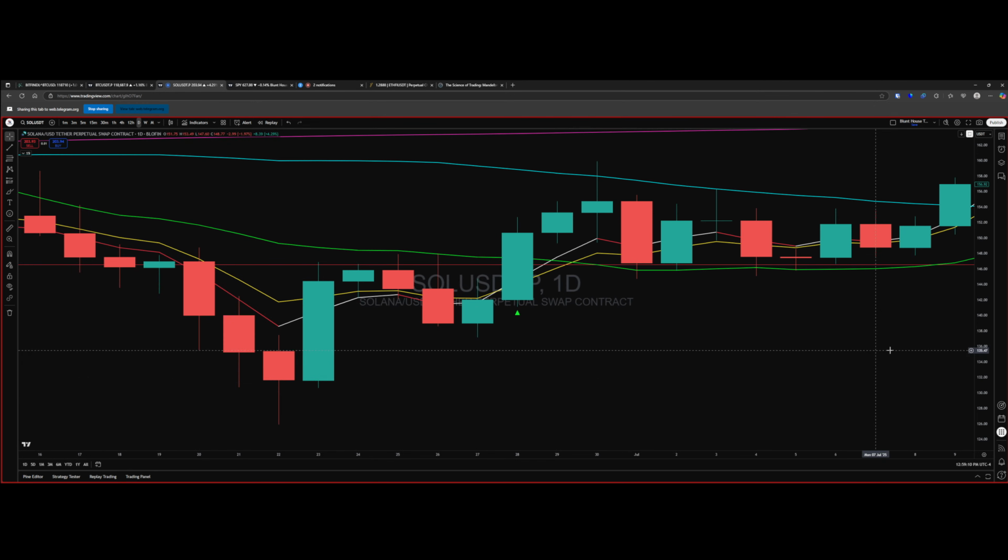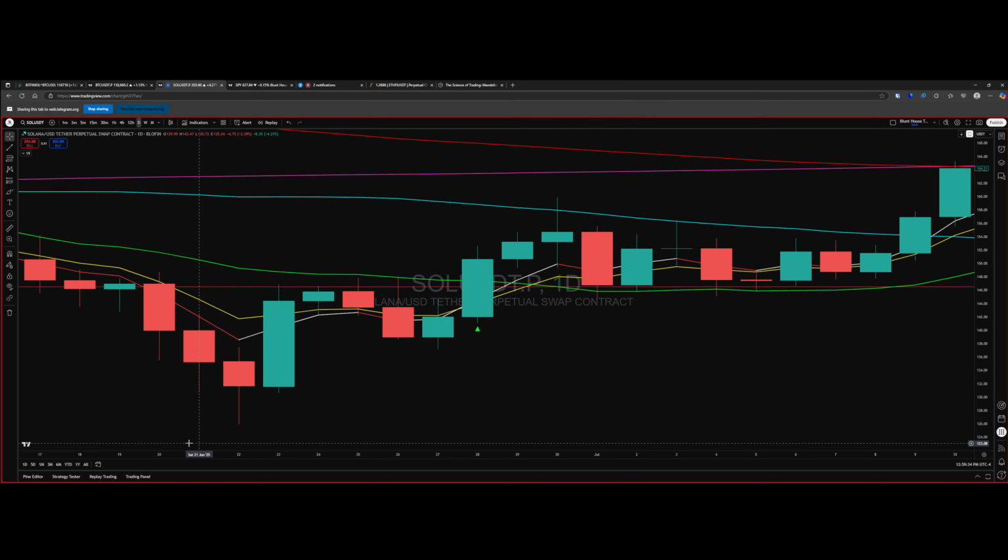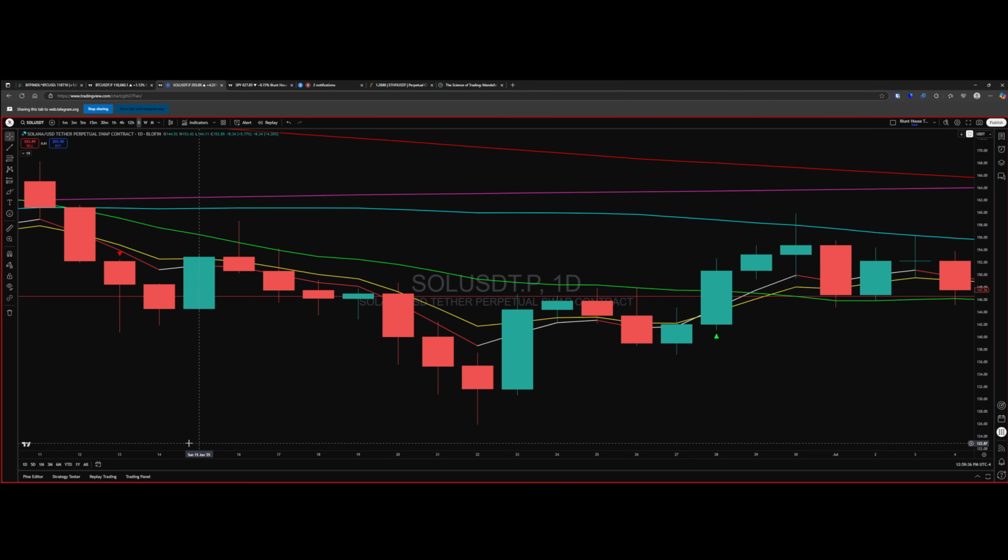Yeah, you closed below it a few times, but guess who's here to help? The 20 MA, getting support from the 20. The 5 MA and the T-line are still diverged. My resistance is absolutely clear, which you know is the 50. And eventually, you get what you're looking for, right? You had your early entry.